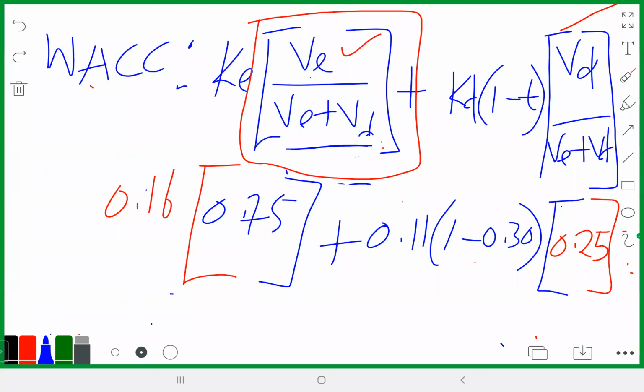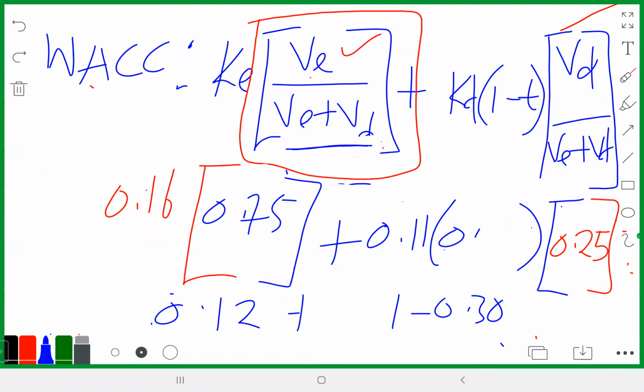Okay, it is 0.12 plus, what is 0.11 times 0.70? Okay, we know that 1 minus 0.30 is 0.70, isn't it? That we know, that's the expression in here. So here there is just 0.70. Let's multiply and get one figure here.